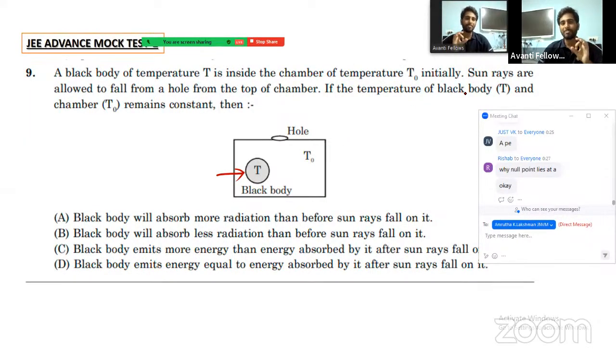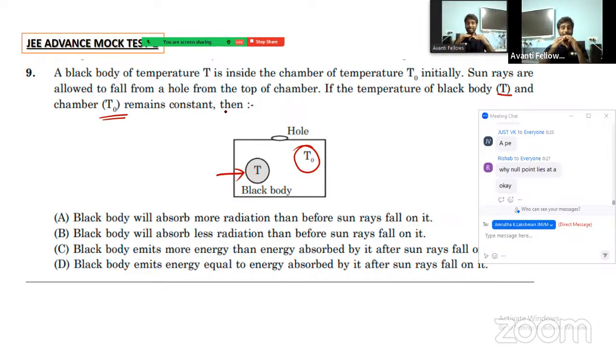Now if the temperature of a black body is T and the chamber temperature is T naught, which remains constant, hence what are the possible options that are correct? मेरा टेम्परेचर और रूम का टेम्परेचर सेम ही रहा है। ब्लैक बॉडी पता है ना, it will receive all the energies which are falling on it.